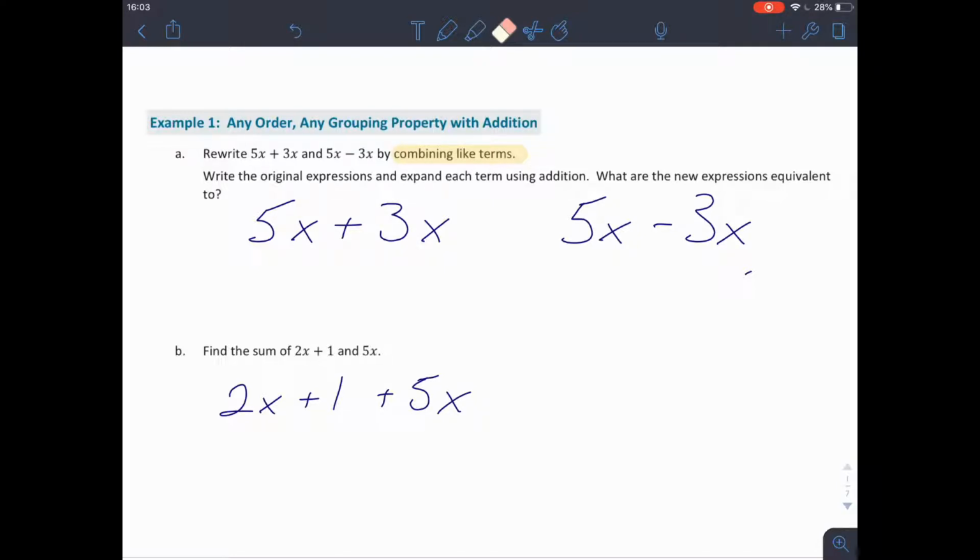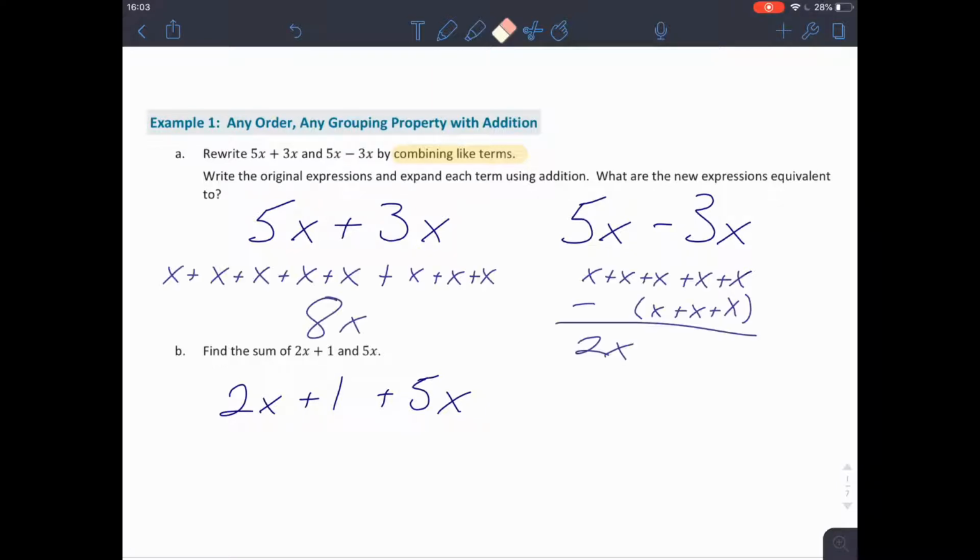The reason this works is because I can think of 5 times x as x being added 5 times, and I can think of 3 times x as x being added 3 times. So if I write that out as addition, I see that I have 8 x's altogether, and 5 plus 3 equals 8. So 5x plus 3x equals 8x.